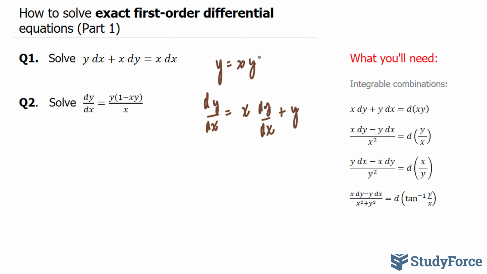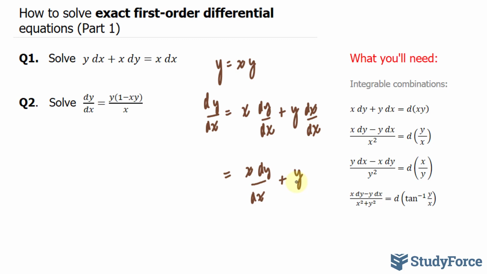So I'll just leave y the way it is, and taking the derivative of x with respect to itself gives you dx over dx. And usually we just write down 1, but it's really dx over dx. This gives us x dy over dx plus y.